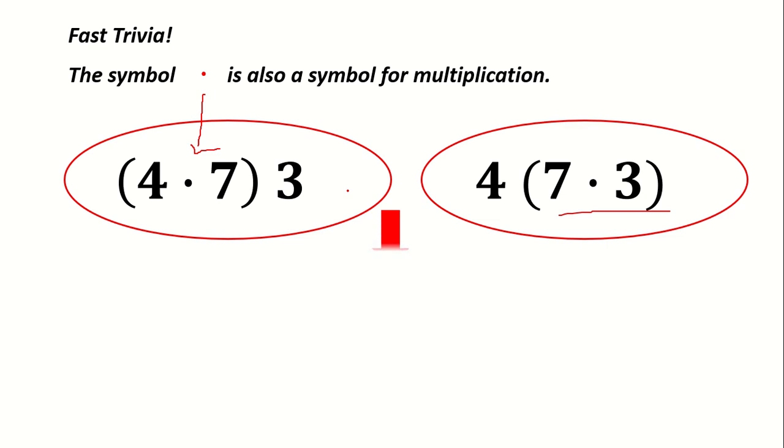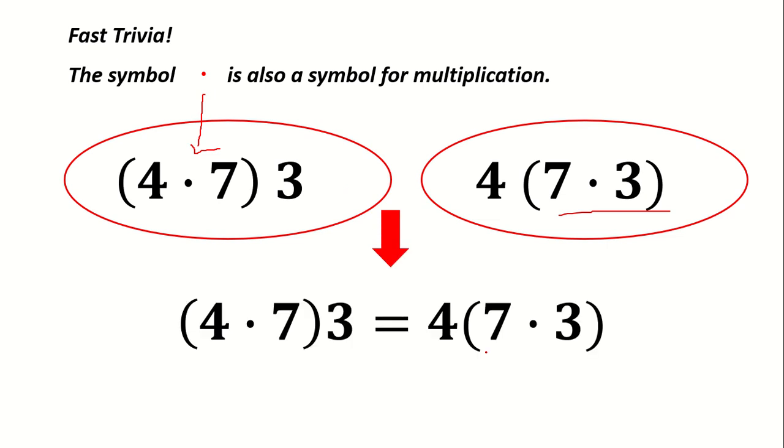Okay, let's check the result. If we have 4 times 7 first, 4 times 7 is 28. And then, what is 28 times 3? It's 84.